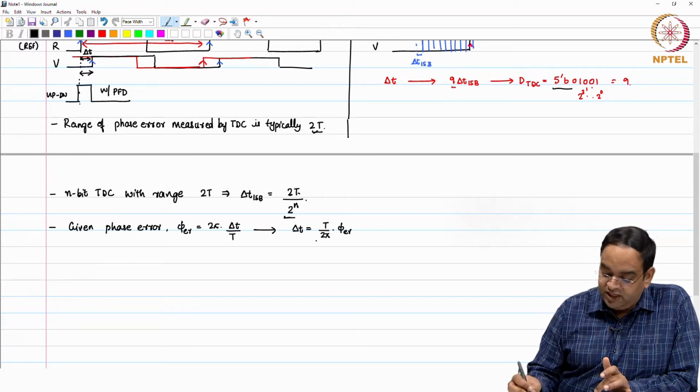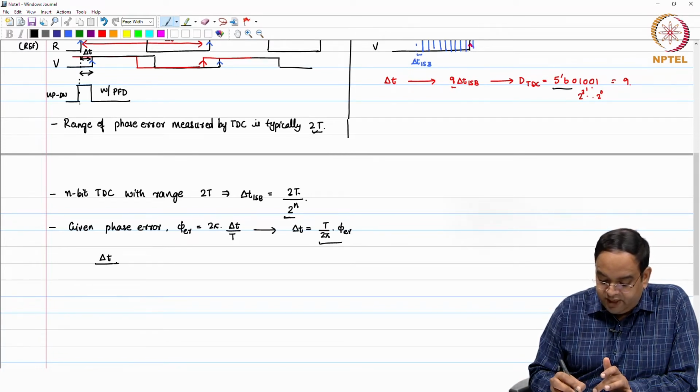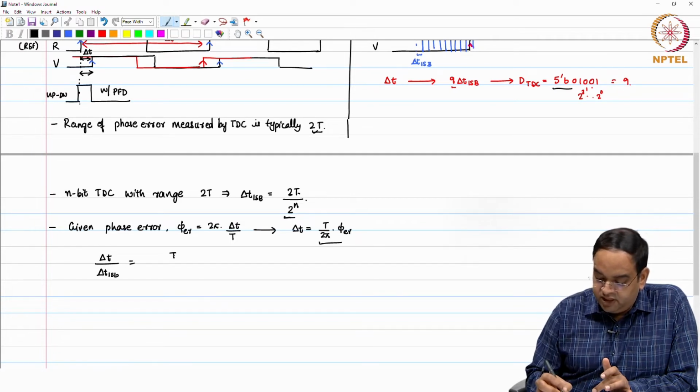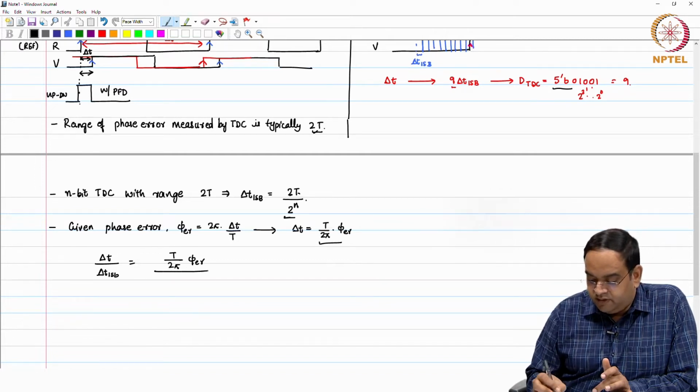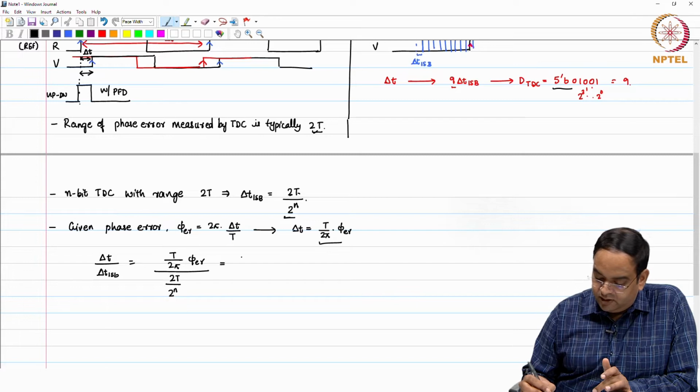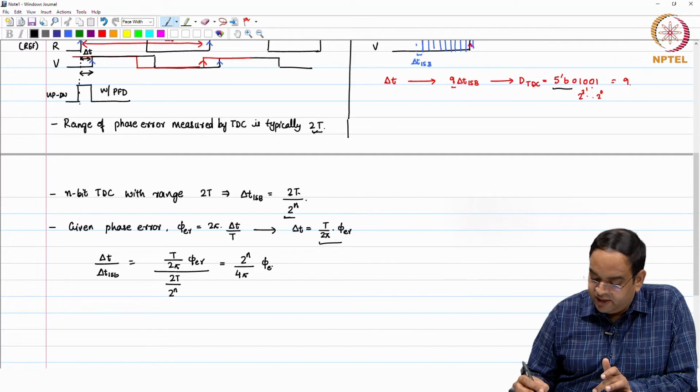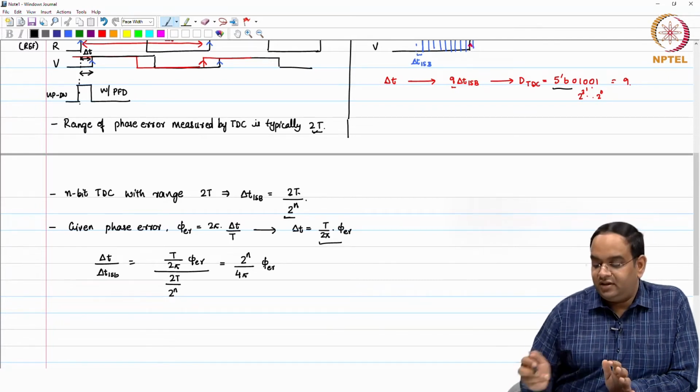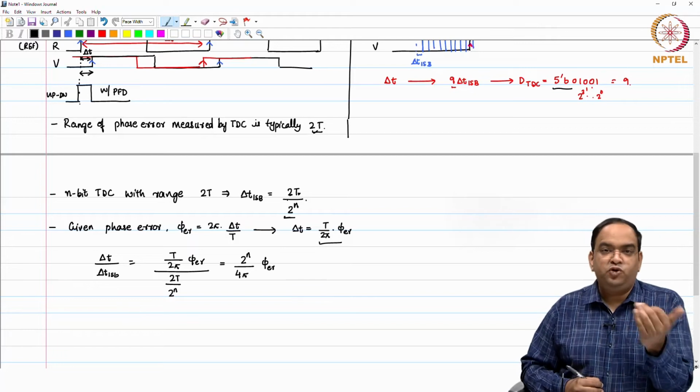So, the decimal equivalent of this value is delta t divided by delta t LSB, which is t divided by 2 pi times phase error, divided by the LSB, which is 2 t divided by 2 power n, which in turn is equal to 2 power n by 4 pi times phase error.